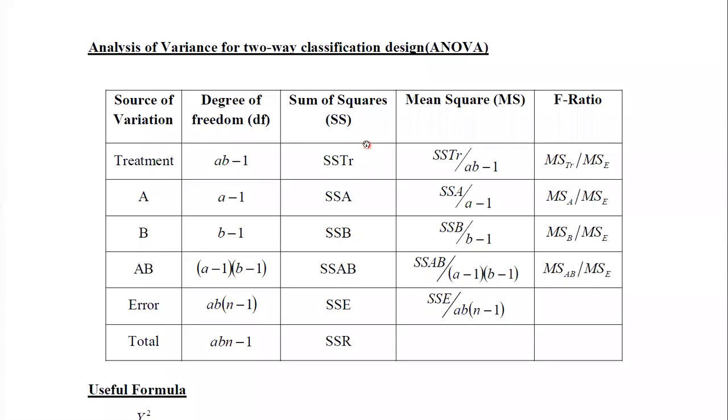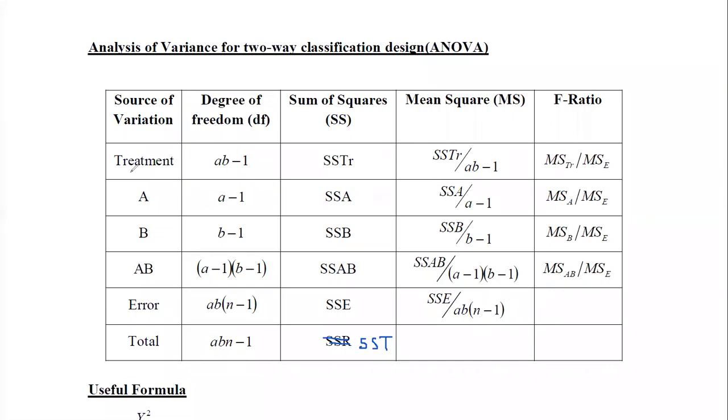And these are the notations used for sum of squares for treatment, main effect, interaction, error, and the total. Here, one notation should be changed. This should be corrected as SST. It is for the SS or sum of squares of total. And you can easily obtain the mean squares just by dividing the sum of squares by degrees of freedom, and the F ratio can be obtained by getting the ratio between the mean square of the considered factor and the mean square error.